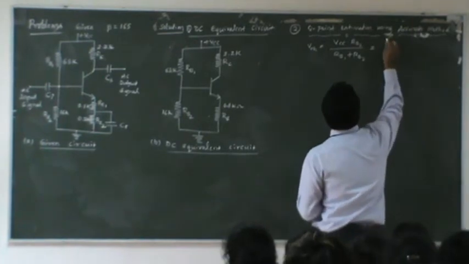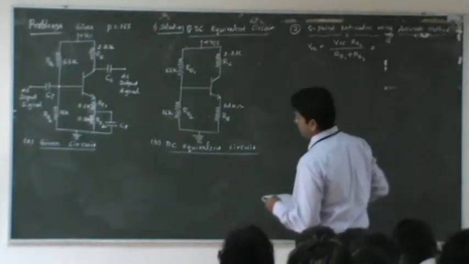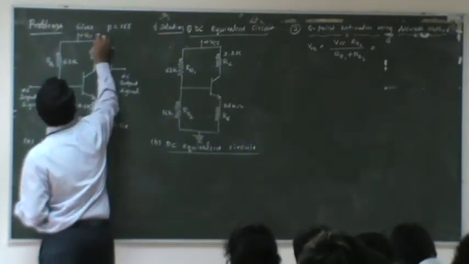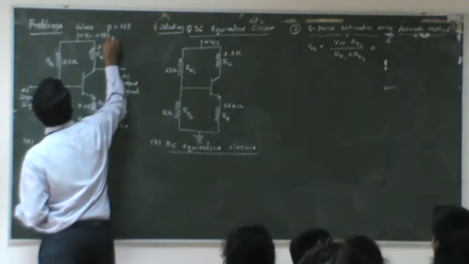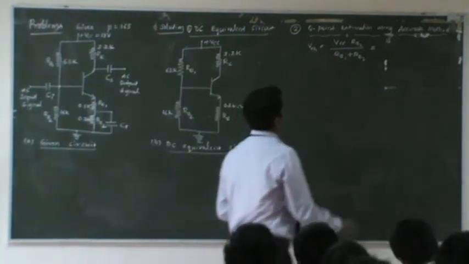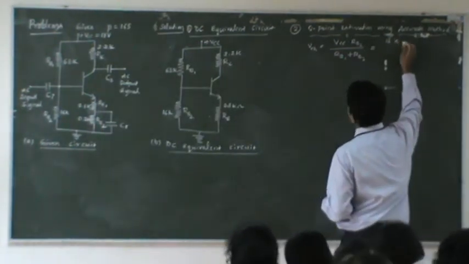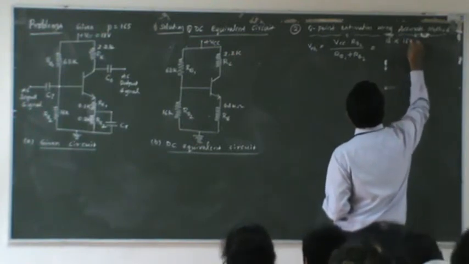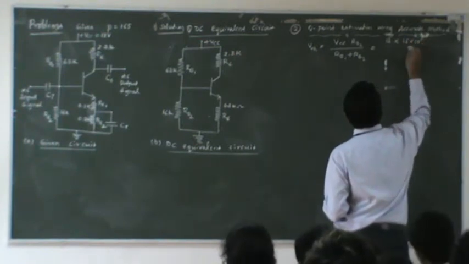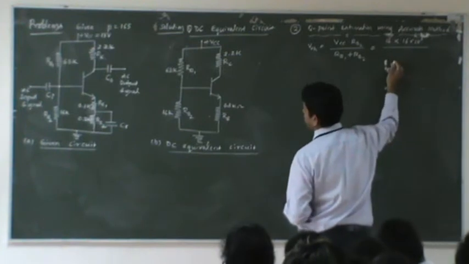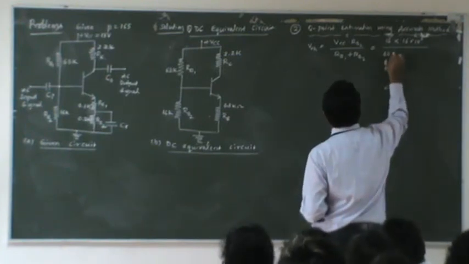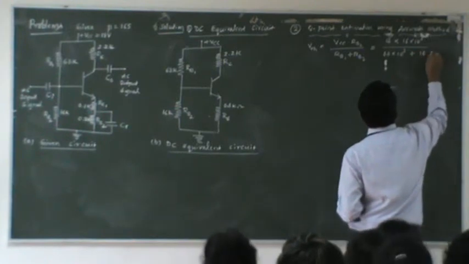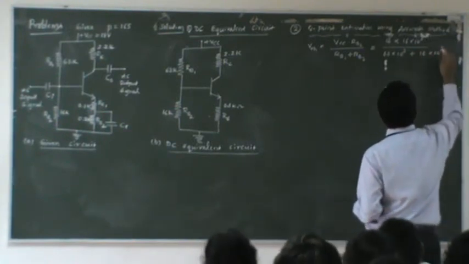VCC is given here, take it as 18 volts. 18 volts times RB2, which is 16 into 10 power 3, divided by RB1 plus RB2, that is 68 into 10 power 3 plus 16 into 10 power 3.